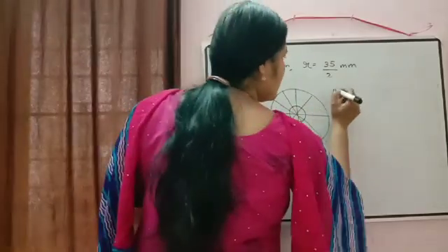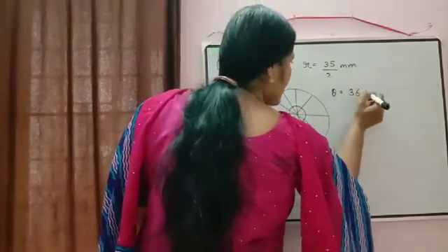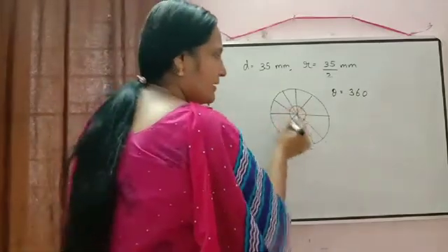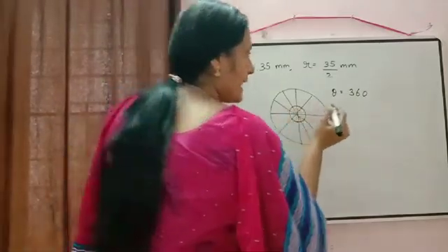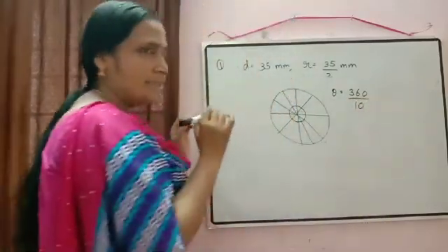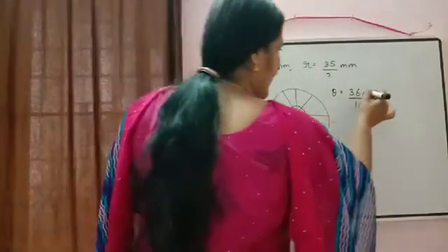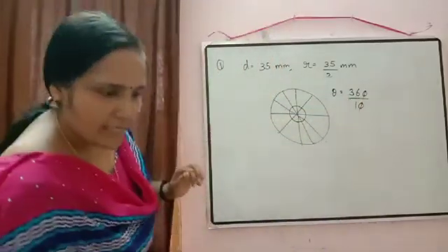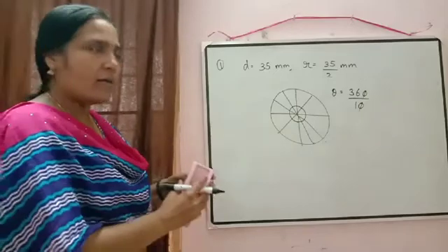That is equal to 360 degree, correct? Total angle at the center is 360 degree, and it is divided into 10 equal sectors. So angle at the center will be equal to 360 degree divided by 10. So we will get here theta is equal to 36 degree.